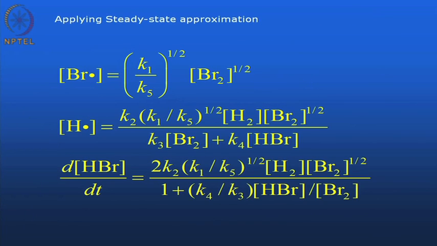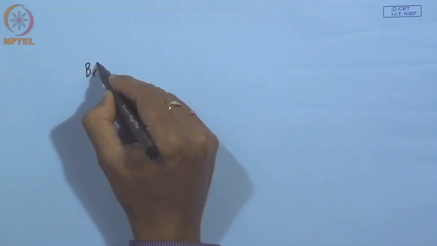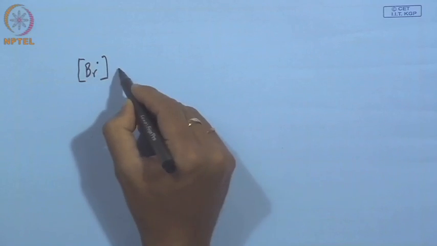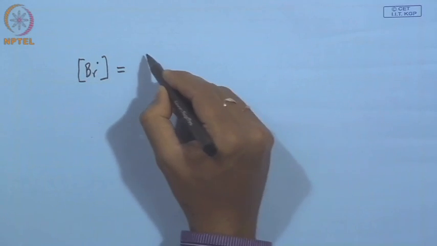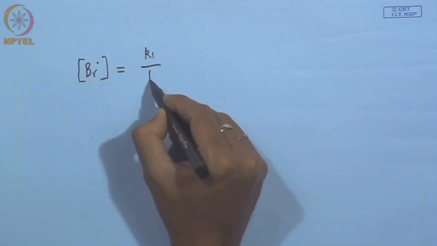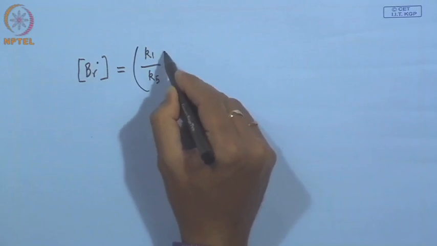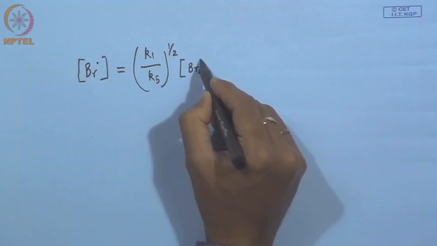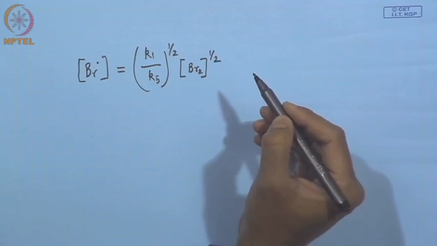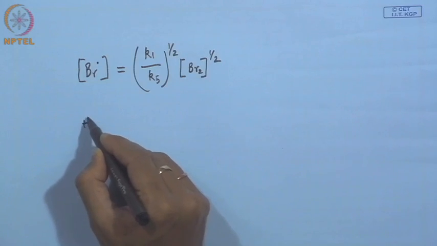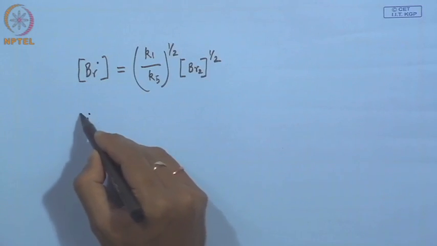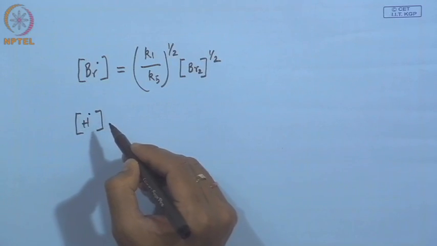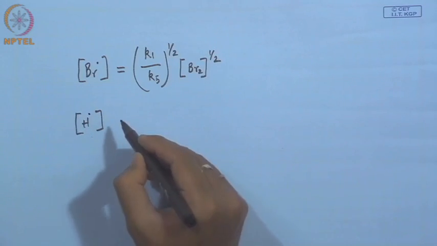After the steady state approximation is applied, we can find directly that the concentration of Br• will be (k1/k5) to the power half into [Br2] to the power half. H• will be a little complicated because it involves many steps, but Br• is a simple one.